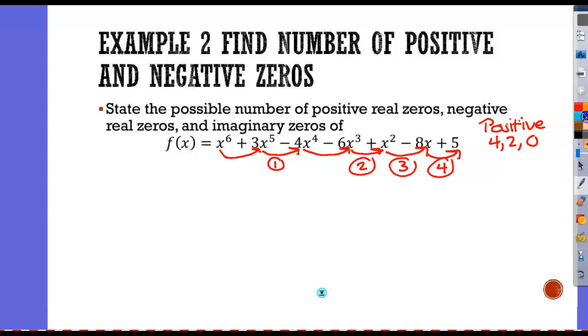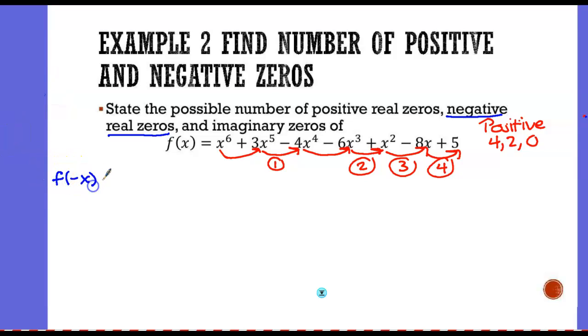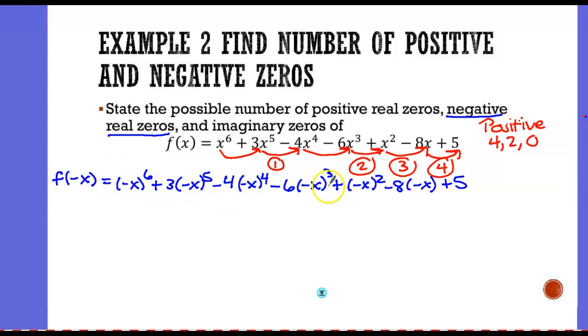What we have to look at next is the number of negative real zeros. For the negative real zeros, what we have to do is plug in negative x. So I'm going to plug in f of negative x. Everywhere I see an x, I'm going to replace it with negative x. All right, now that I've replaced all the x's with a negative x, I'm going to clean this up a little bit.